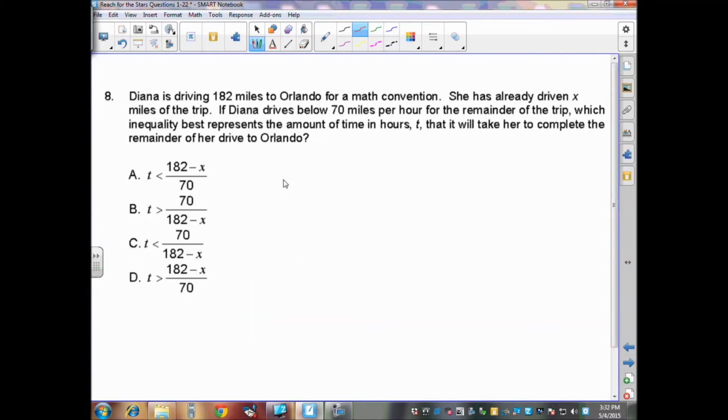Okay, number 8. We have to remember that distance is equal to rate times time. She's driving 182 miles. She's already driven X miles of the trip, which means that she only has to drive 182 minus X more.